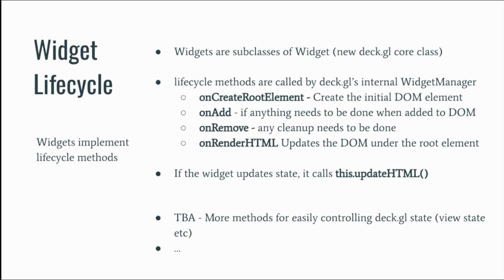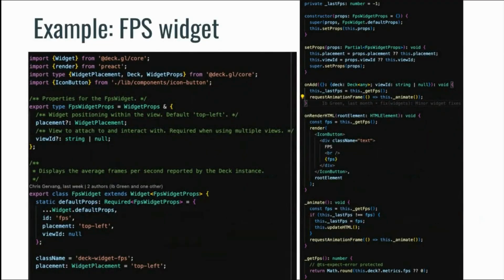So this is the current set of methods. There's a few more, but we're going to maybe look into the roadmap later, since there's still more that can be done to improve it. So let's look at this.